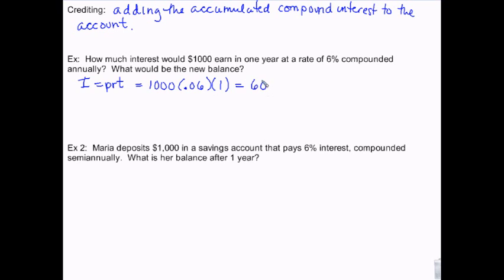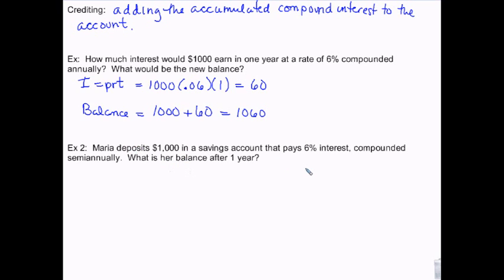That is going to give me $60. Okay. The balance would be 1,000 plus 60, so 1060 at the end of the year.